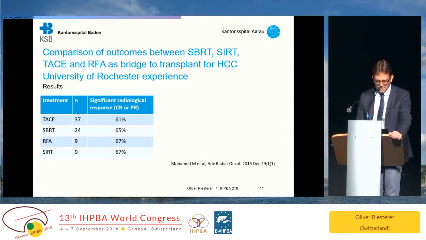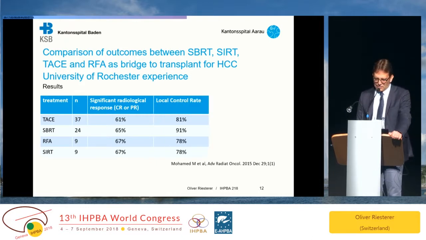These are the results of the bridging therapies. Radiological responses, complete response or partial response, were seen in about 60% after all 4 bridging strategies, so very similar. The local control rate, which is not only radiological response but also stable disease, was about 80 to 90%. Here SBRT was even highest.